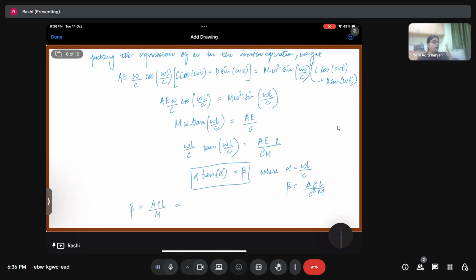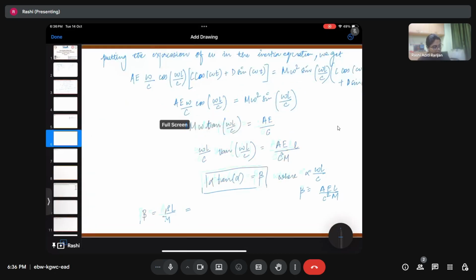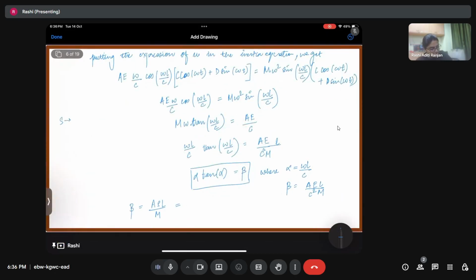And if you look closely, rho was the density of the bar, right? Rho was the density of the bar over here. So I'll write over here also. Rho is the density of the bar.